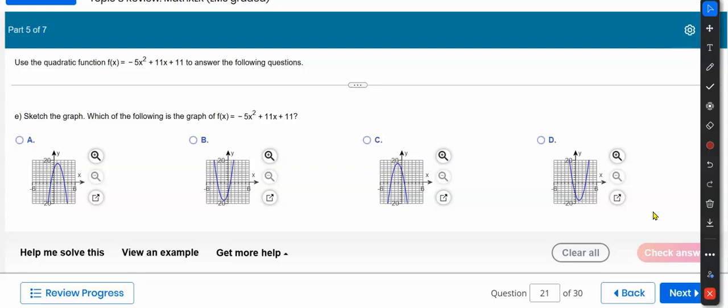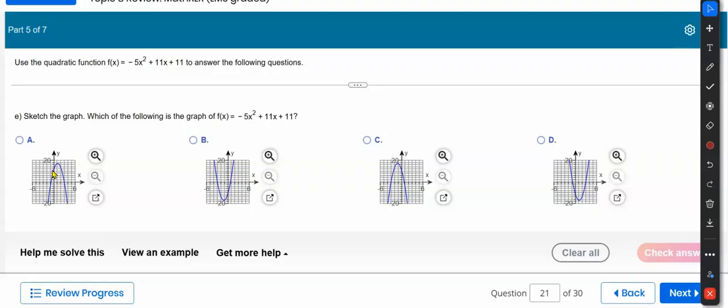Sketch the graph. So it needs to open down, so it can't be B or D. And it has to go through 11. Well, that could be that one, or it could be that one. So far I can't rule it out. Now, which way did the vertex go?